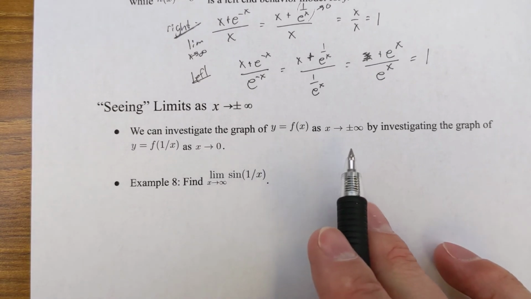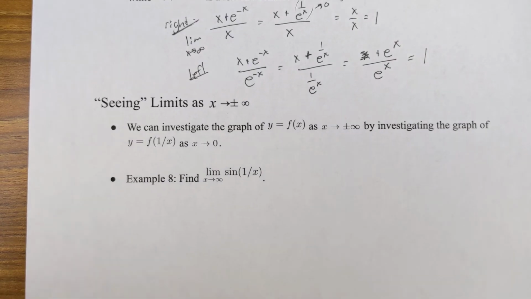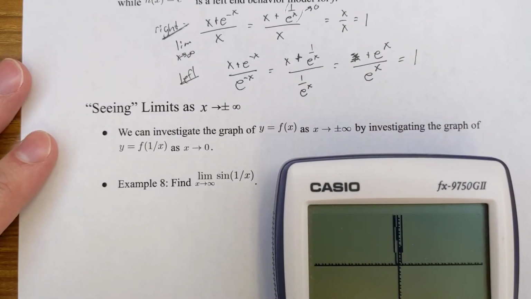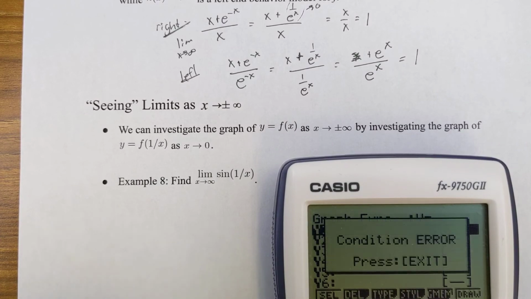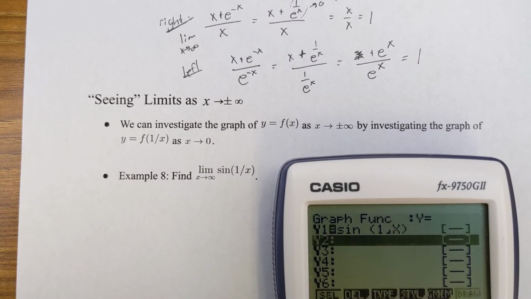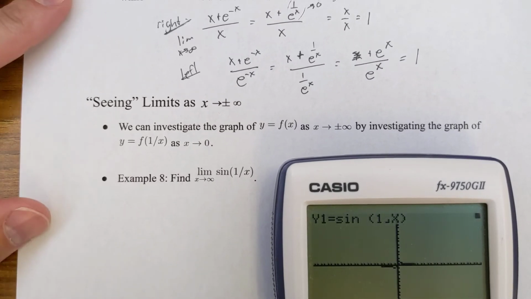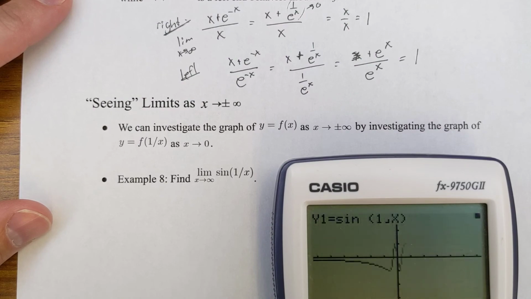So this is just talking about the graph again. Find the limit as sine of 1 over x just by looking at the graph. So let me clear my old ones out here. Sine of 1 over x. Draw. And we need to fix my window again because I zoomed way out. There we go. Okay.